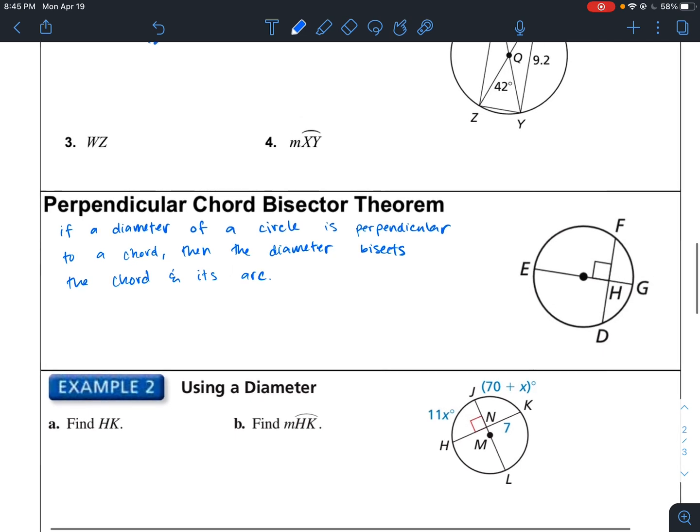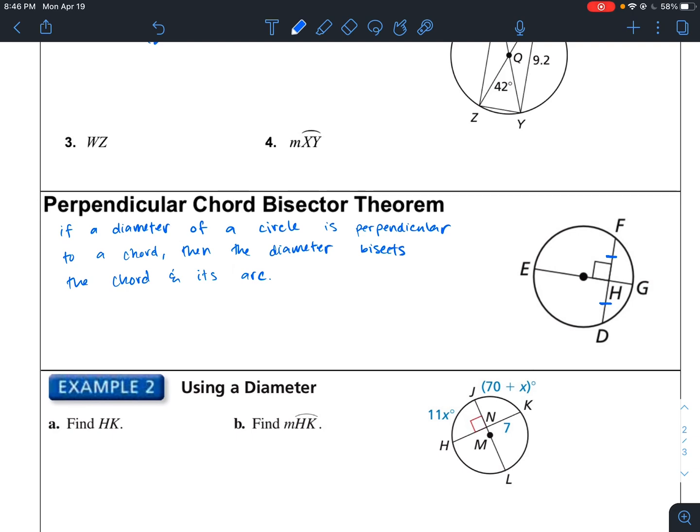Okay, so here you see that we have a diameter, right? Diameter is a chord that cuts through the center. Now, if it's perpendicular to a chord, so like right here, this is another chord, then that means that it is bisected, which means that this side and this side are congruent.